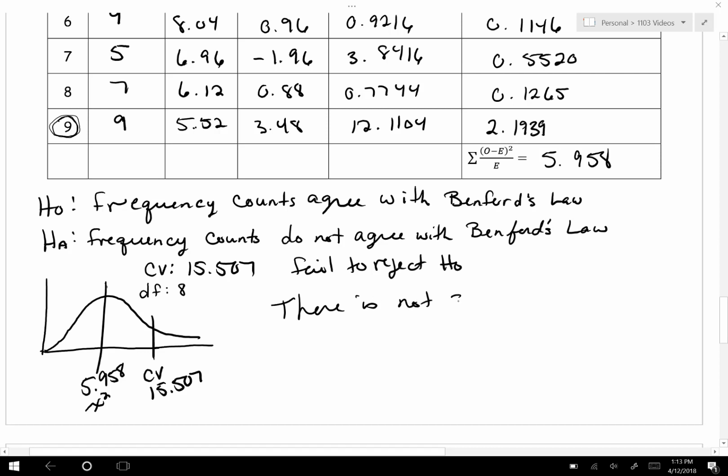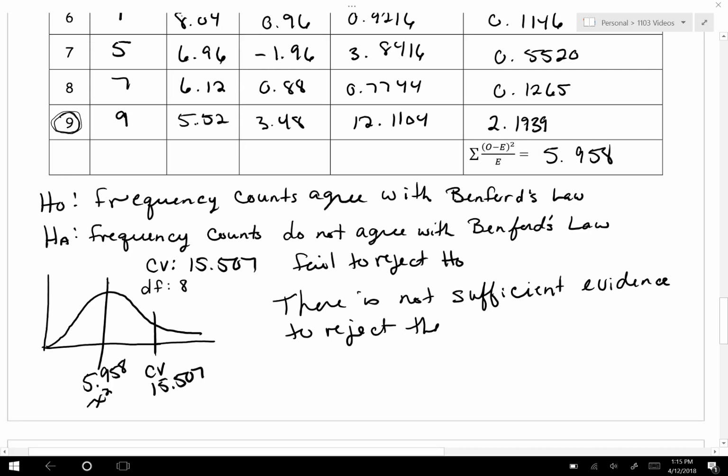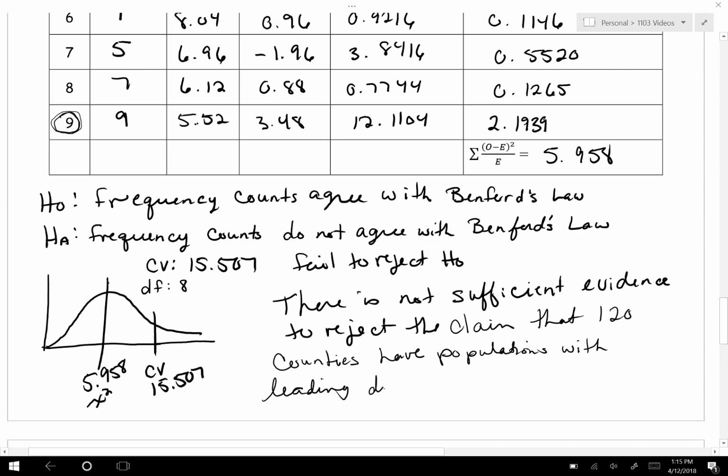There is not sufficient evidence to reject the claim that the 120 counties have populations with leading digits that follow Benford's law.